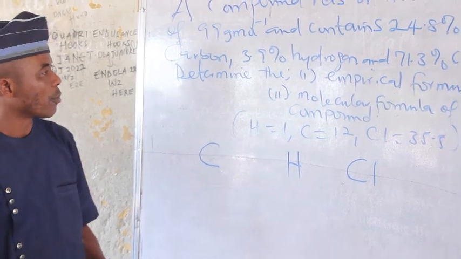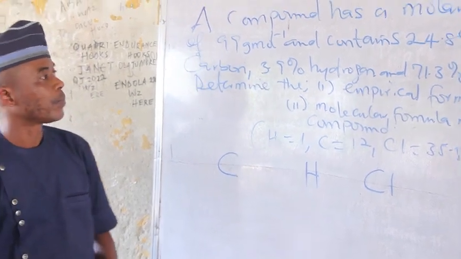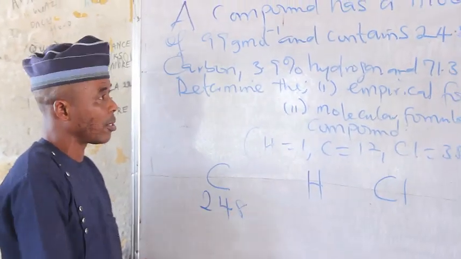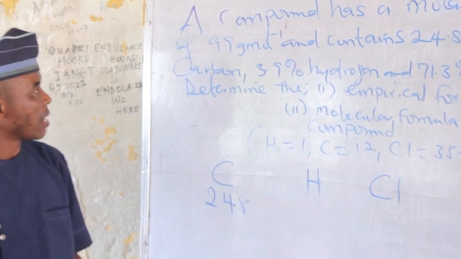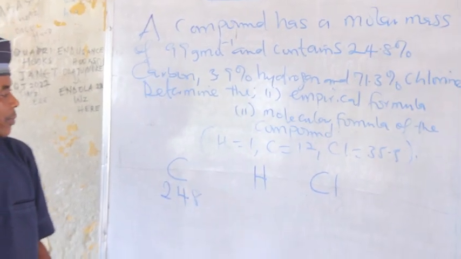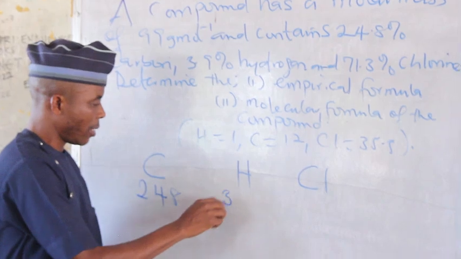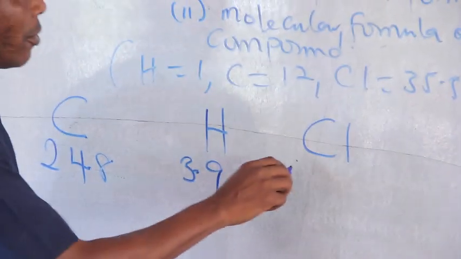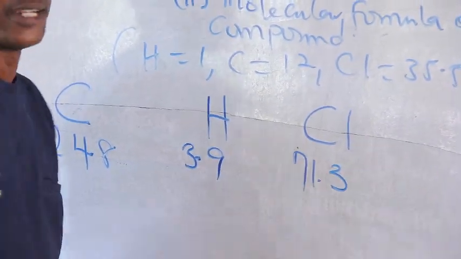So the percentage of carbon is what? 24.8%. That is right. What is the percentage of hydrogen? 3.9. That is right. And what is the percentage of chlorine? 71.3%.